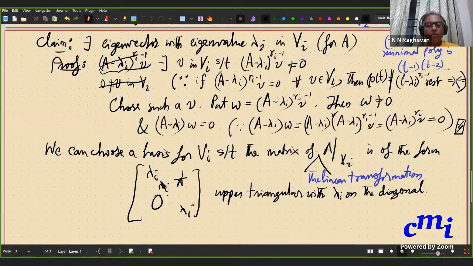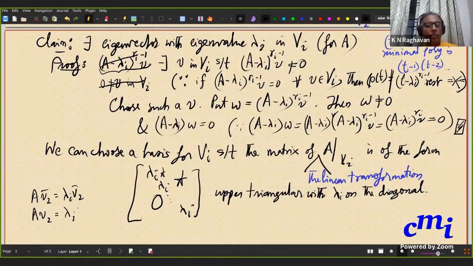Then A V2 bar is equal to lambda I V2 bar, which means A V2 is lambda I V2 plus something times V1, up to an addition of something in V1. This star represents that.